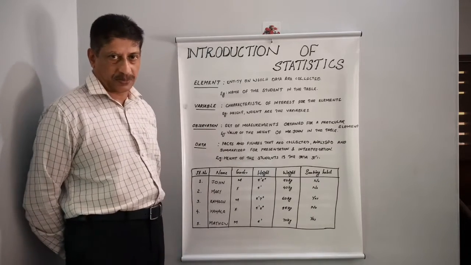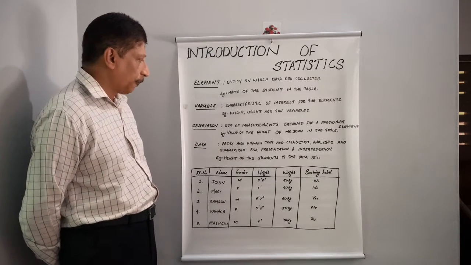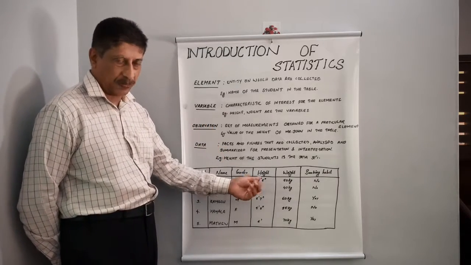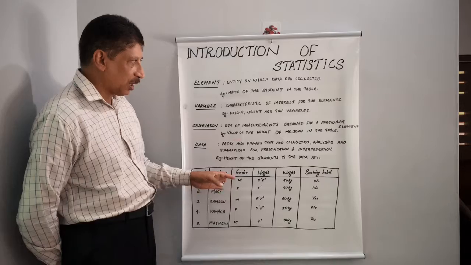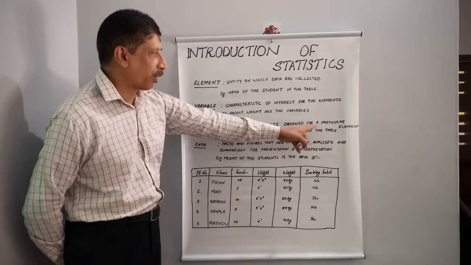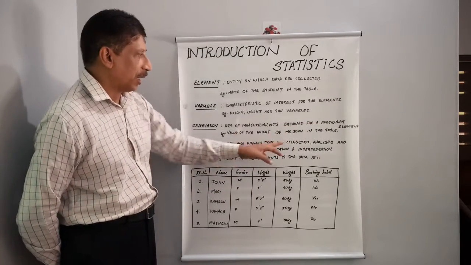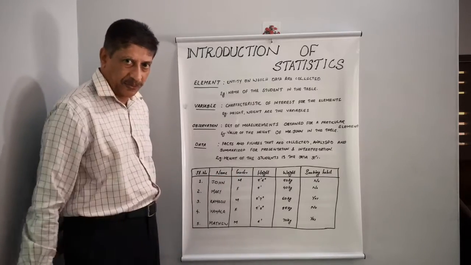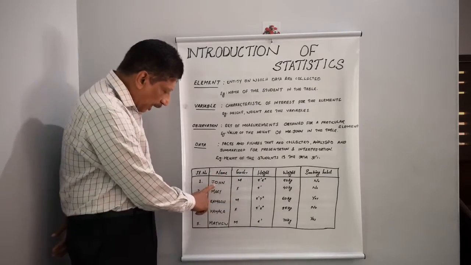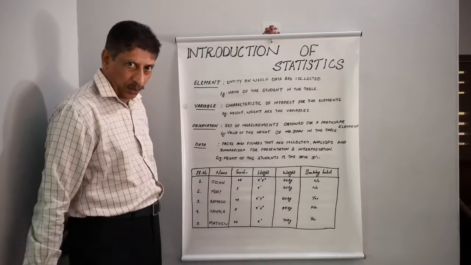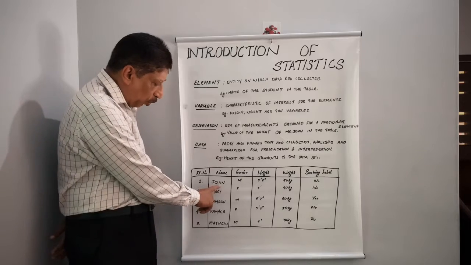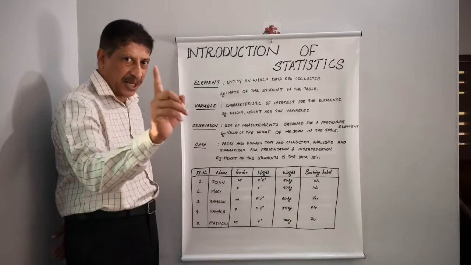Now the observation. The observation means the measurement obtained for a particular element. For example, consider the gender, and the first element is John. What is the gender of John? The gender of John is observed as male.